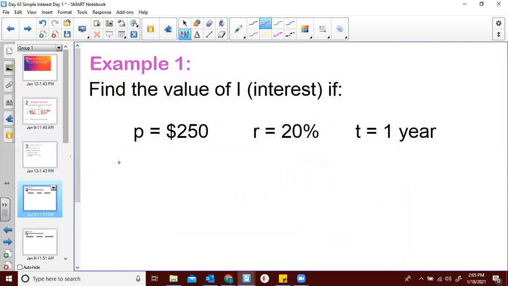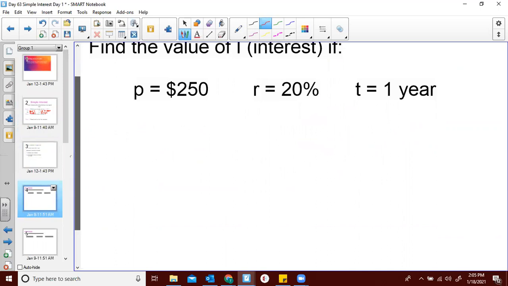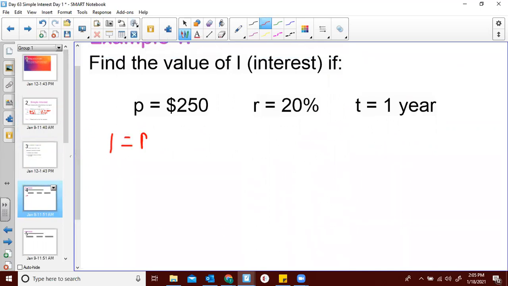So for example, with this one, right off the bat, just remember your formula, I equals PRT. We know that P equals 250, so our P is going to be 250, times our percent. Remember, we want this percent to be in decimal form, so that's actually going to be 0.2, multiplied by T, which is 1.